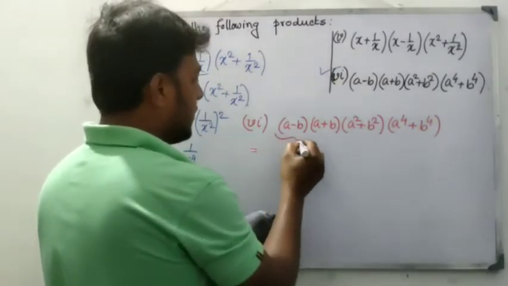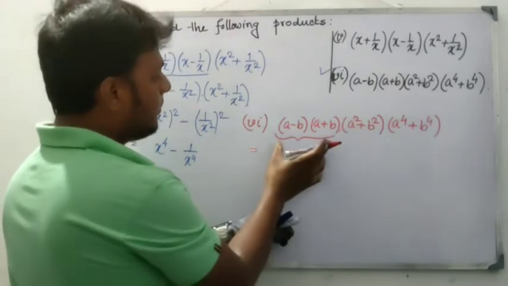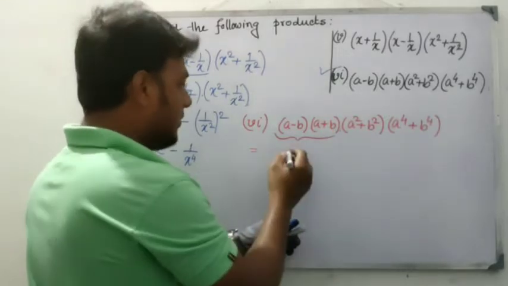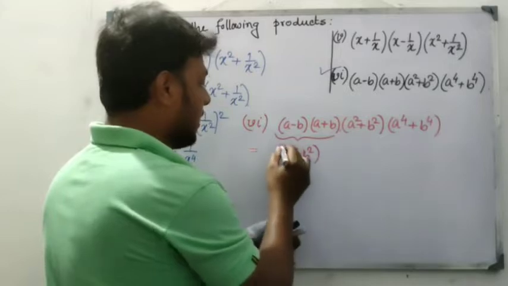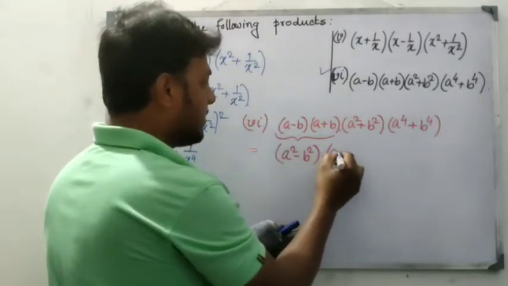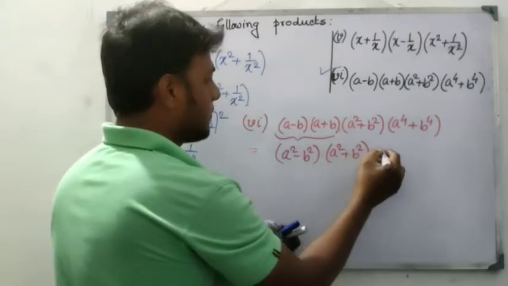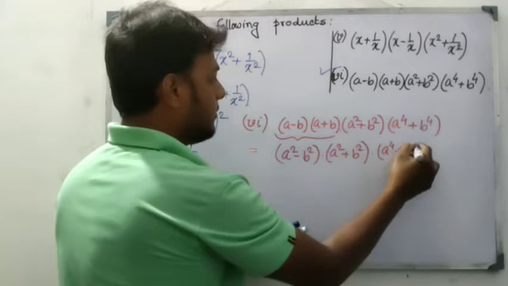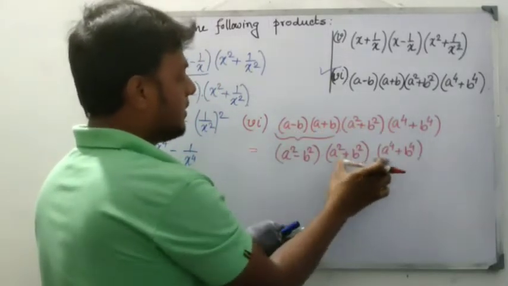If we use the expansion rule, for the first two factors (a − b)(a + b) it will be a² − b², the direct formula, and all the remaining factors are kept unchanged. We have just simplified these two, and the other two terms are kept unchanged.